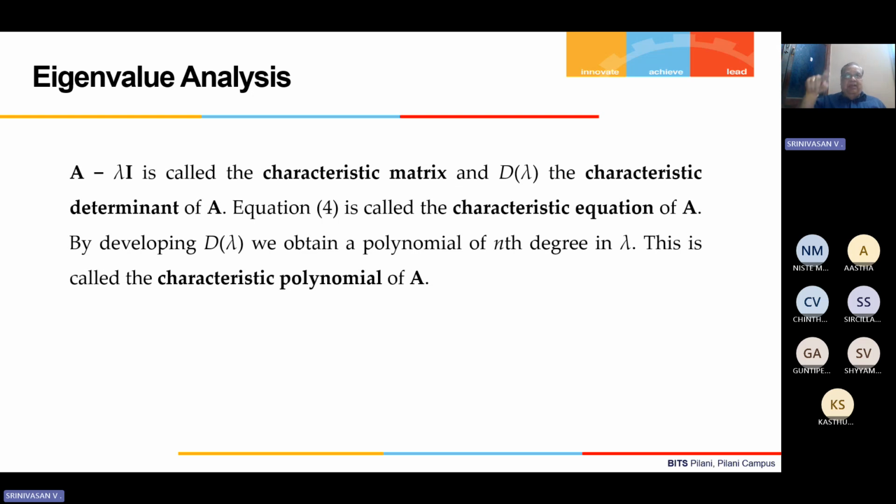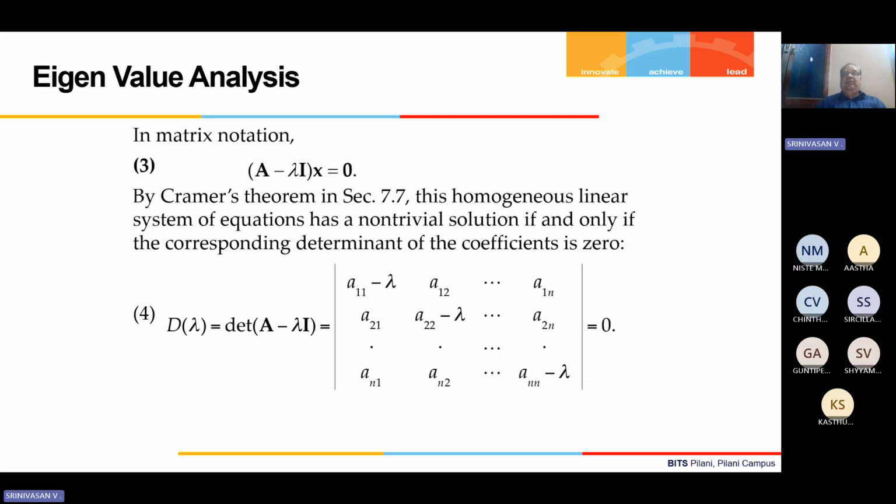The determinant of A minus lambda I, denoted by D of lambda, is called the characteristic determinant of A. Equation 4 is called the characteristic equation of A. That is, det of A minus lambda I, with A11 minus lambda and so on, equal to 0. So in short, the characteristic equation of A is determinant of A minus lambda I equal to 0.